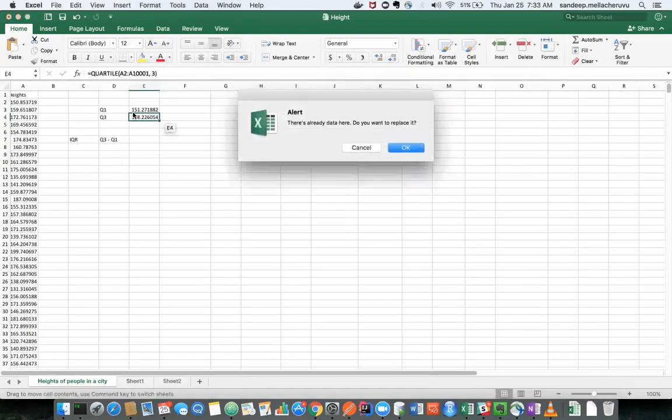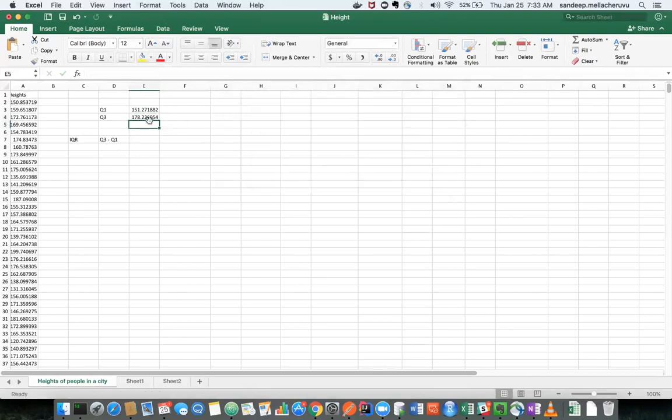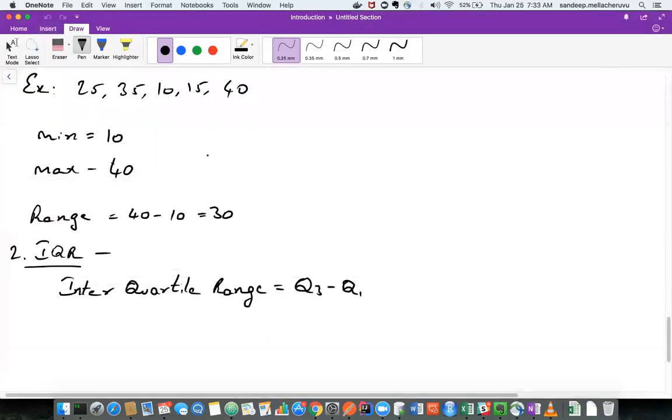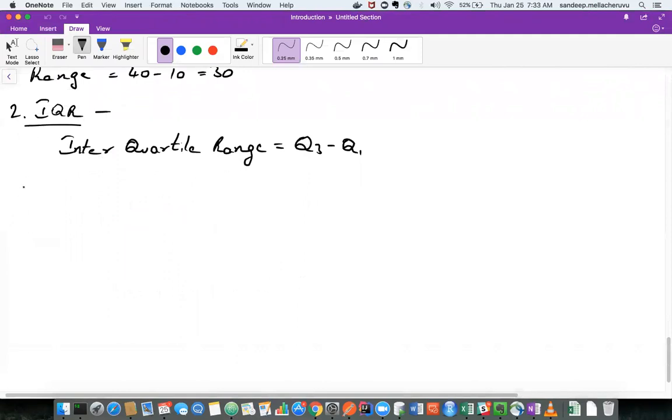So we got the first quartile value and the third quartile value. What we have to do is subtract Q1 from Q3, which is Q3 minus Q1. So this is how you calculate the interquartile range. Is that clear? I think you already saw this example. Any questions till now?